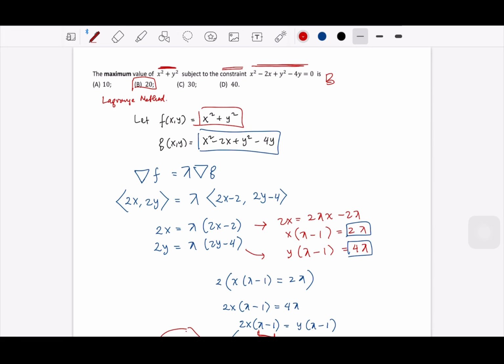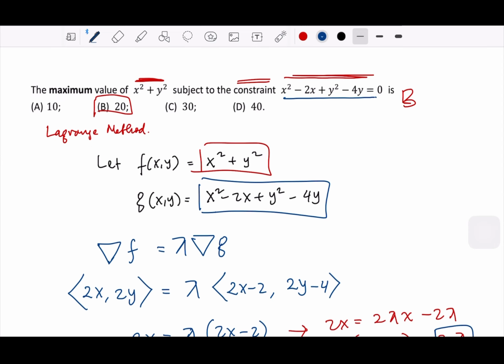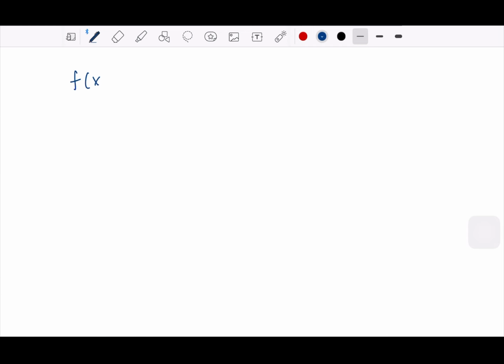Okay. Now another thing that we can imagine from this is that we can have an alternative solution. So if we know that our function is x squared plus y squared, this is practically the distance squared from the origin to some point (x, y), right?